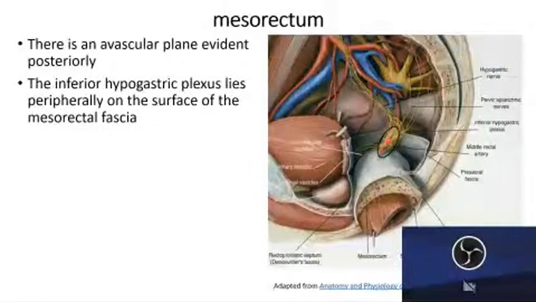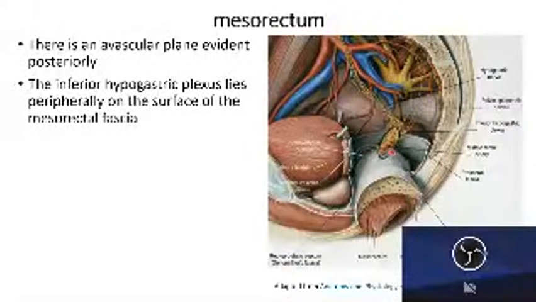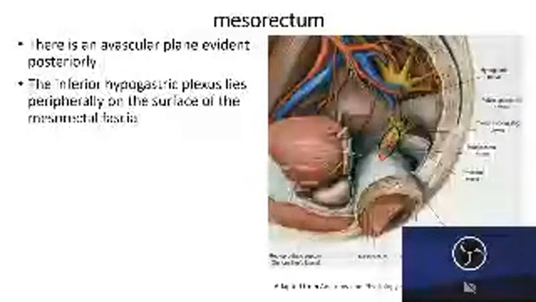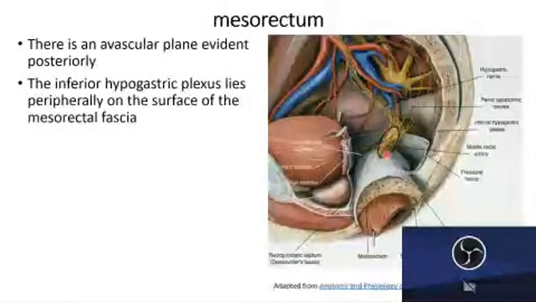For the 20% of individuals that will have this middle rectal artery, it will only supply the middle part of the rectum. We'll talk about that when we look at the vascular supply to the rectum.